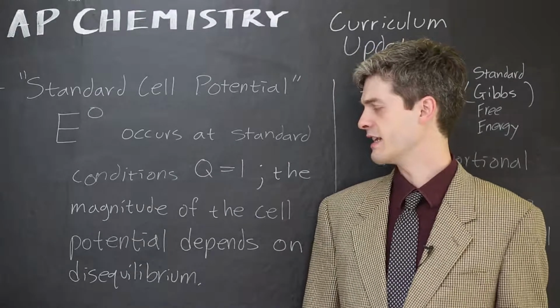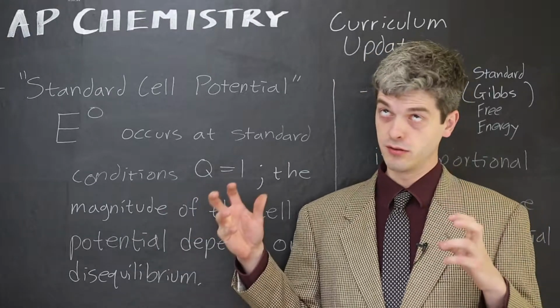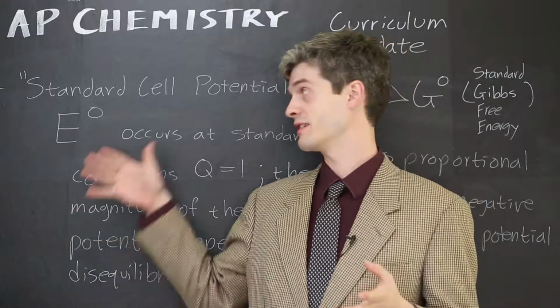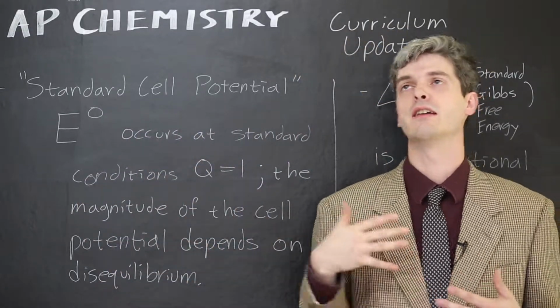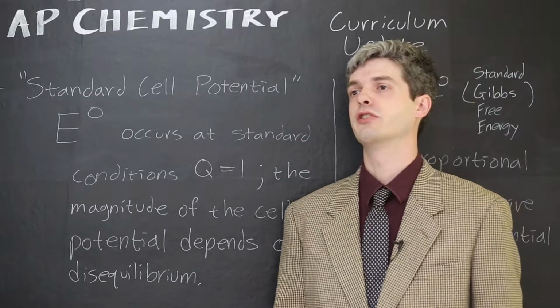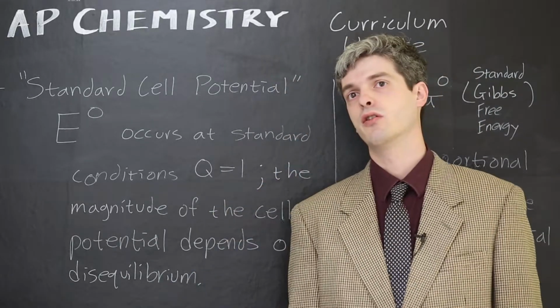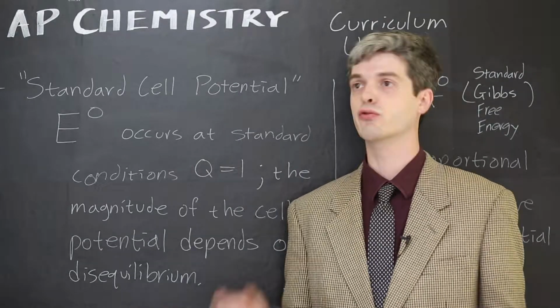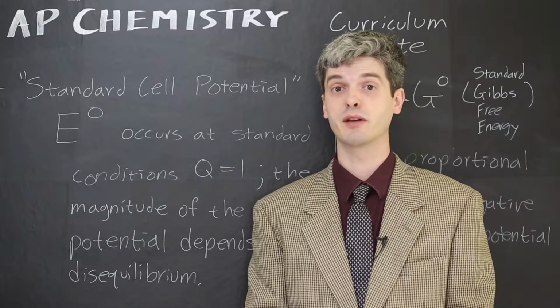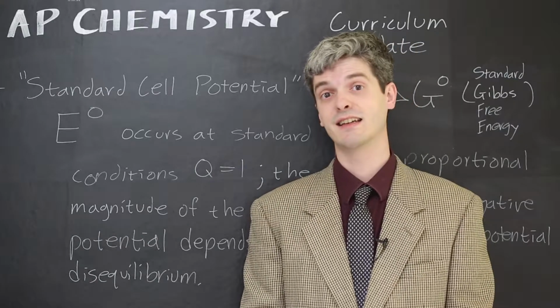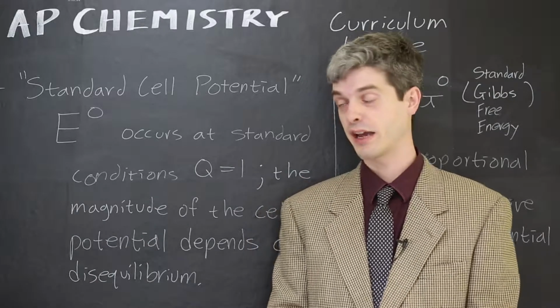But the thing is that the real cell potential, right? So when it says standard cell potential, it means the cell potential in standard conditions. In reality, though, you're going to have a cell whose state is going to be a greater or lesser distance from equilibrium, depending on what conditions it is actually in, okay?